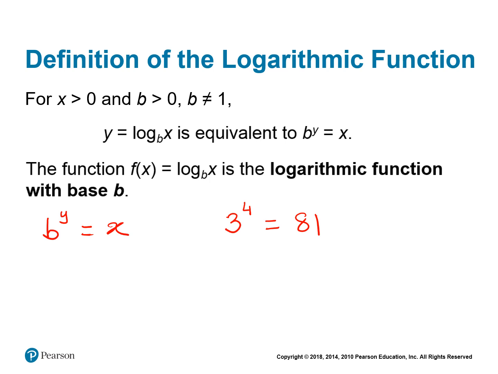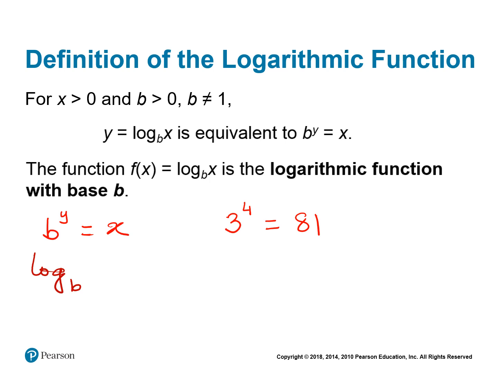So how do we transform the exponent form into a logarithmic form? We start with the word log. The word log says it's a logarithmic function. Then as a subscript, we put the base. So I'm going to write b below the word log, as the subscript.